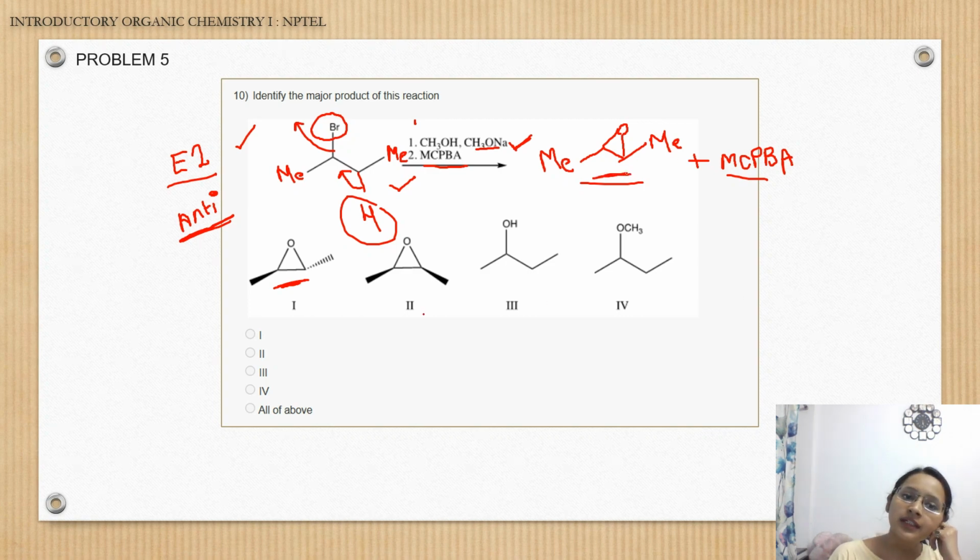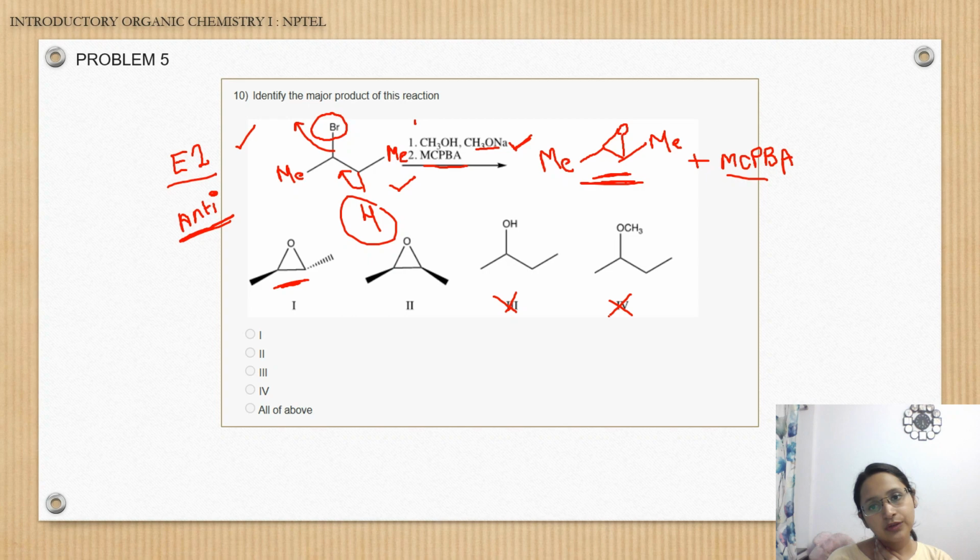So now tell me, based on this particular mechanism and the product you have, what could be the possible product here? Which would be the particular conformation of the product? Is it option number 1, 2, 3, or 4? See, 3 and 4 don't give you the epoxide linkage, so they are eliminated.